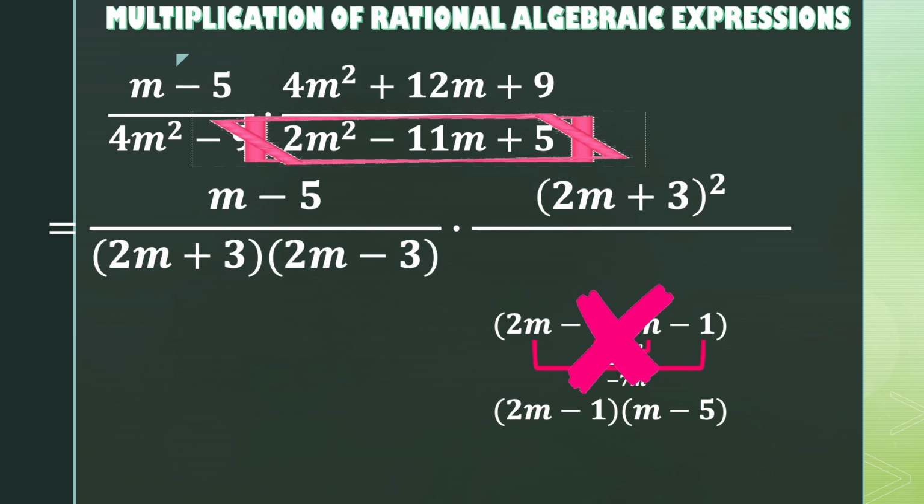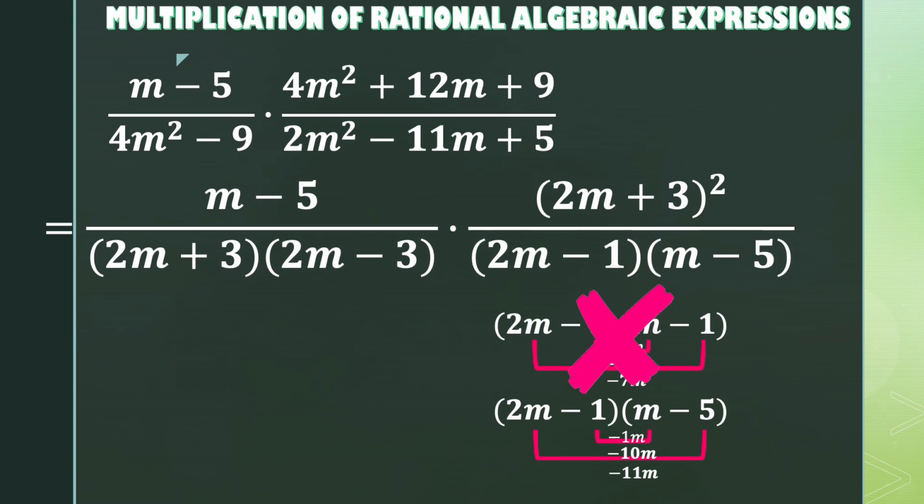So, try natin yung pangalawa. So, dito, we have negative 1 times m, negative 1m. 2m times negative 5 is negative 10m. Add natin sila, pareho pa rin ang sign, negative 11m. So, pareho tayo ngayon sa ating middle term. So, therefore, ang factored form natin is 2m minus 1 times the quantity m minus 5.